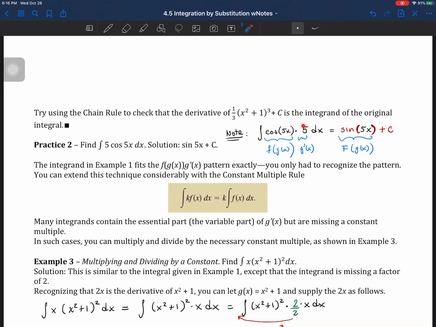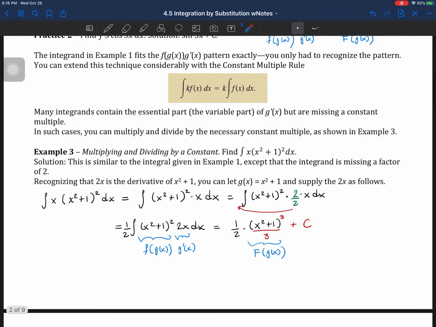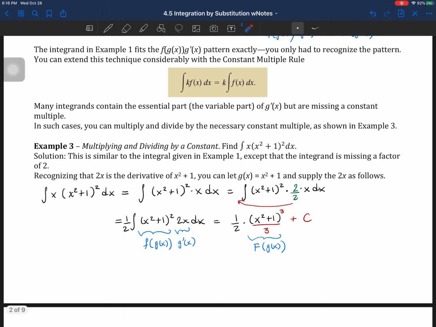So a lot of times this would work, except that the g prime is not exactly as it needs to be. But what this rule is suggesting is, hold on, we can manipulate the original function so that this can happen. And I'll show you a few examples where we are doing that.